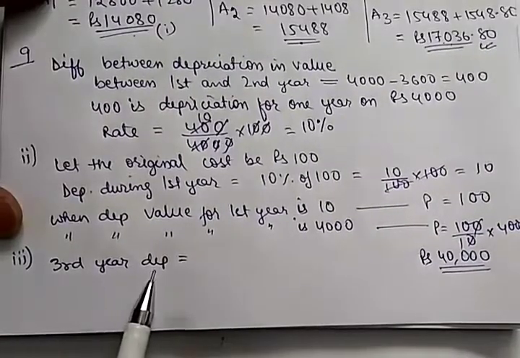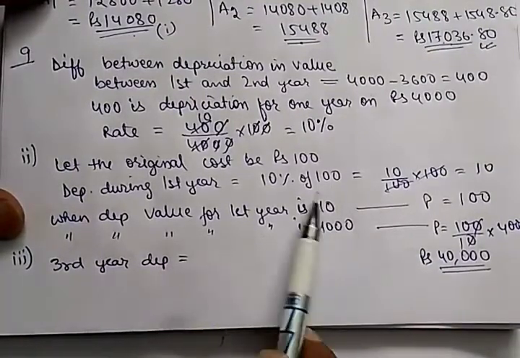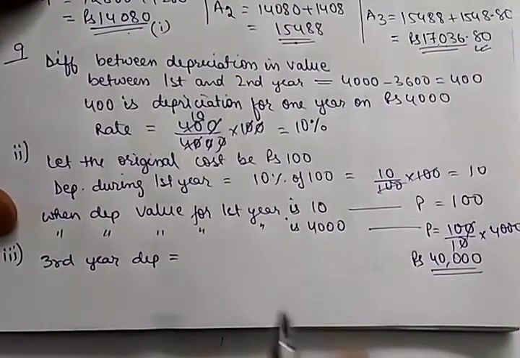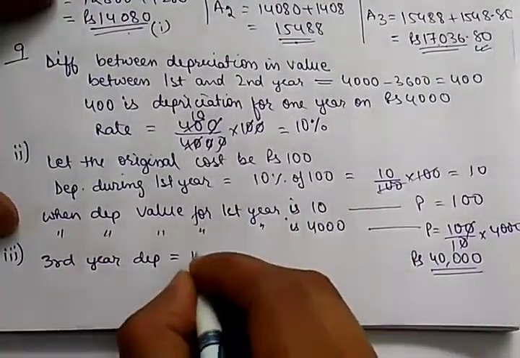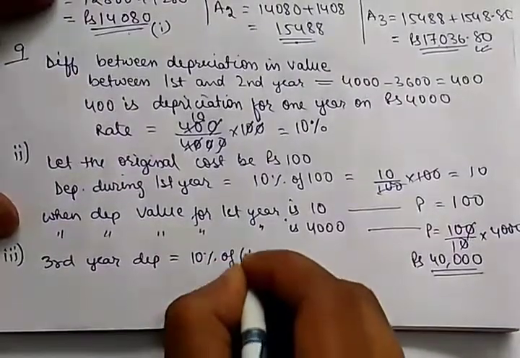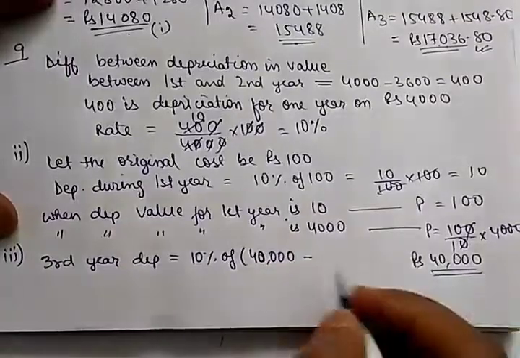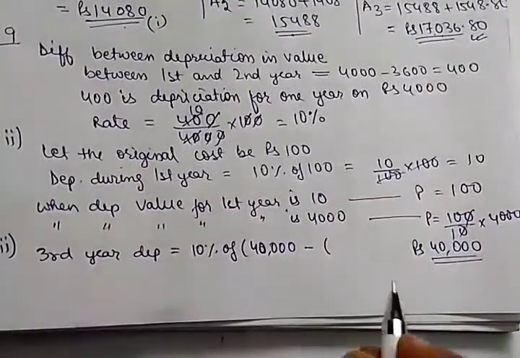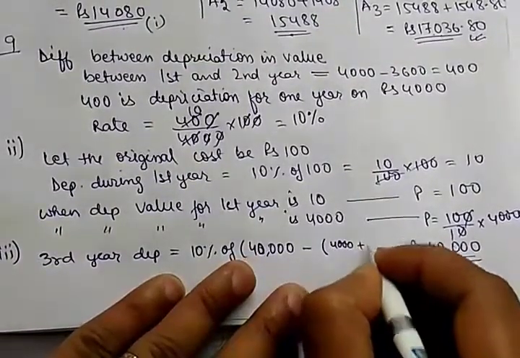So rupees 40,000. This is the original cost of the machine. Third year depreciation. What will be the third year depreciation value? The third year depreciation value will be again 10%. So 10% of what? 10% of the value, that is 40,000 minus the sum of the depreciation of the earlier 2 years. So that is 4,000 plus 3,600.